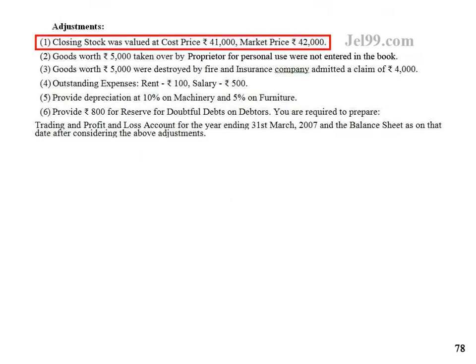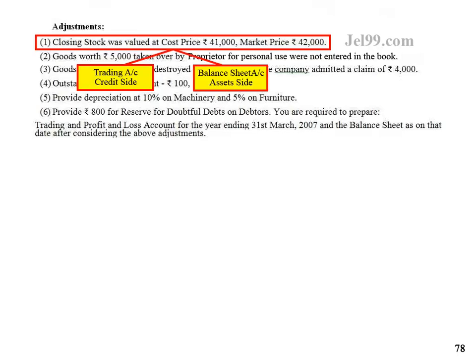Number 1. Closing stock was valued at cost price ₹41,000 and market price ₹42,000. This adjustment has two effects. First effect is shown in trading account, credit side, and the second effect is shown in balance sheet, assets side.